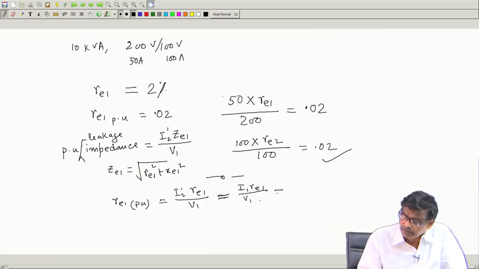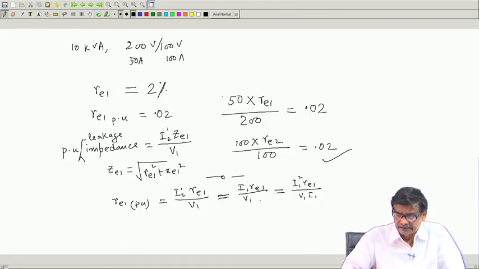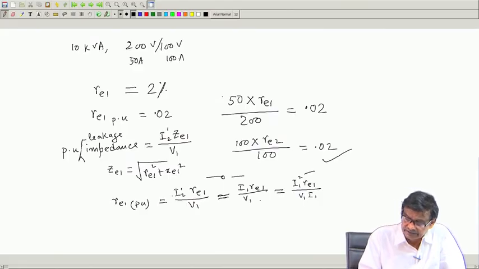You multiply the numerator and denominator by I1 to get I1 square RE1 by V1 I1. So, per unit resistance can be described as the amount of voltage drop in the equivalent resistance, expressed as a per unit value of the rated voltage, at rated current.